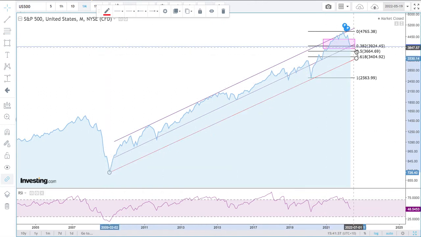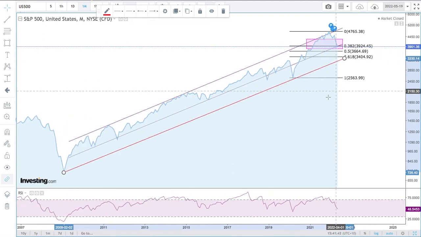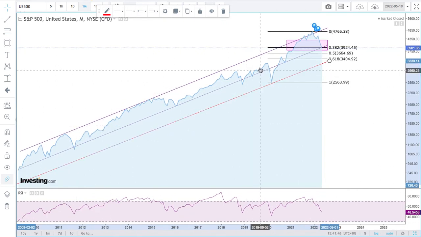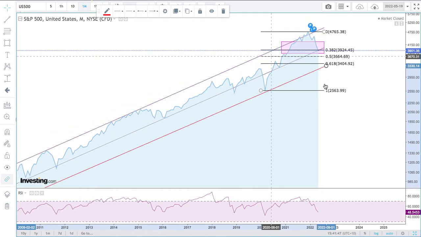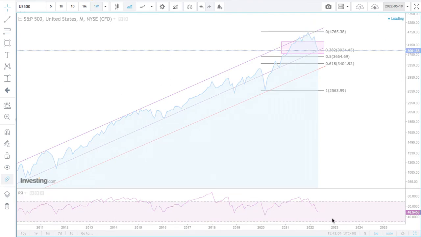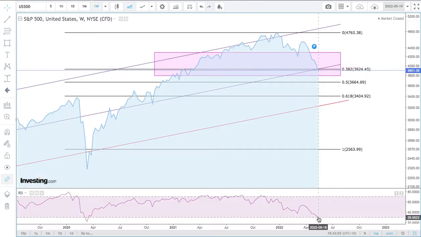For us to dip down here, we're going to need a serious trigger, not just the Fed raising, a serious trigger. So that's one, the trend line. Another is the 38 retracement. That's a second one. Third, it's obviously come down on the monthly RSIs and on the weekly RSIs. It's just hitting oversold.